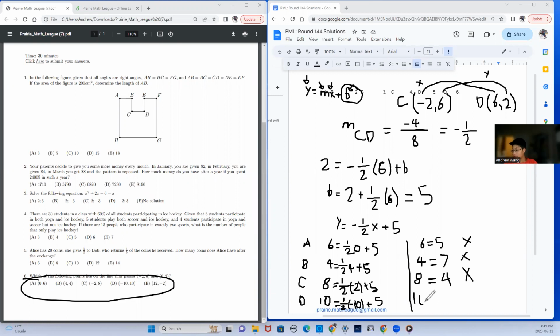And this means that 10 supposedly equals -5 plus 5, so supposedly 10 equals 0. And that is also not right. Okay, sorry. -half.